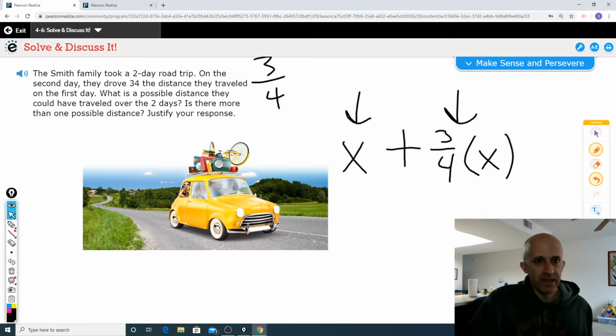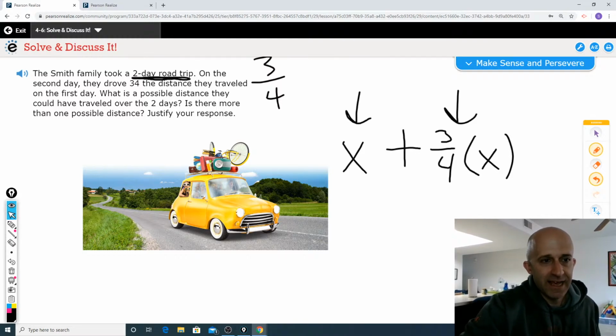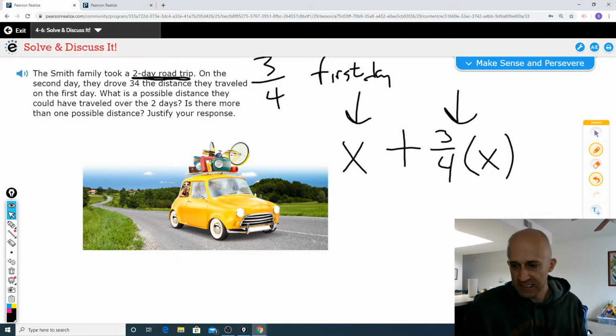Like for me, how I just did this, I say that the Smith family took 2 days, so you know you're adding two things up. It's a 2-day road trip. Again, what's the distance they could have traveled over 2 days? Again, you don't know that first day distance. That is the first day.